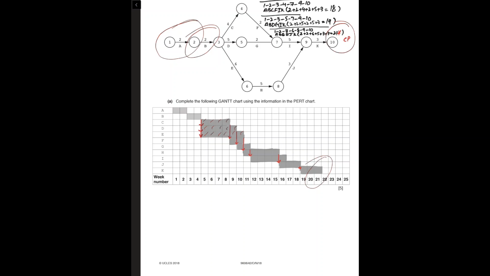But when it comes to tasks C, D, and E, teams can be divided.